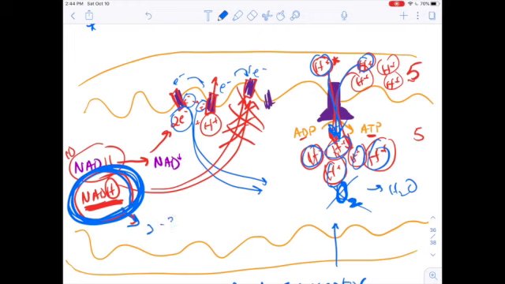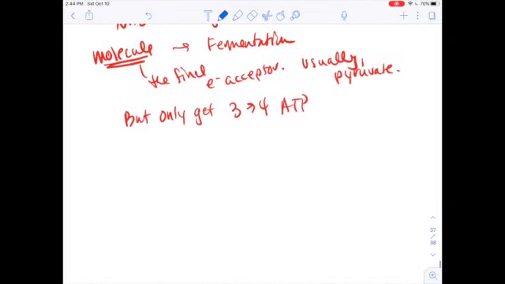And 2 to 3 ATP molecules is enough for a single-celled organism to get by. They're okay, but it's not enough for your cells. I should point out that fermentation by bacteria results in a lot of different acids.